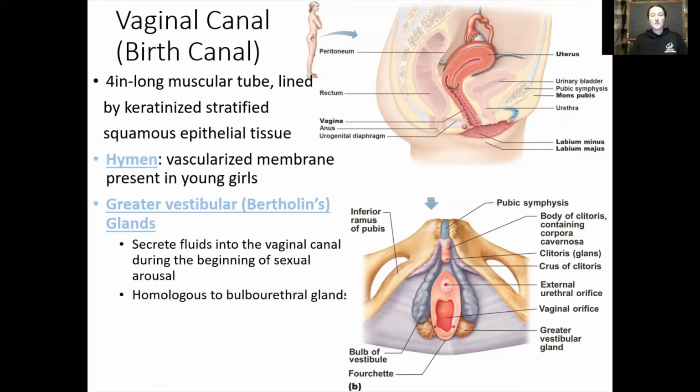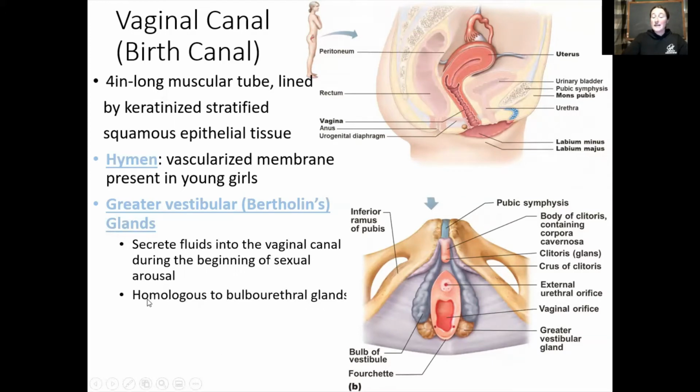These are responsible for secreting fluids into the vaginal canal during the beginning of sexual arousal, not only to act as a lubricant, but also to interact with the sperm within the semen in some ways that are pro-sperm and other ways that are anti-sperm success.